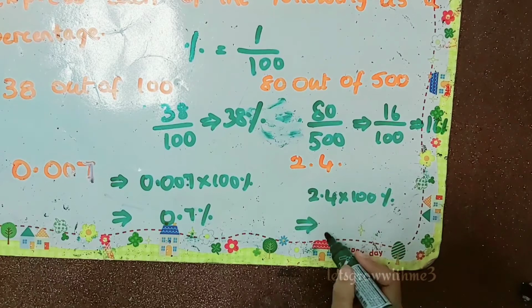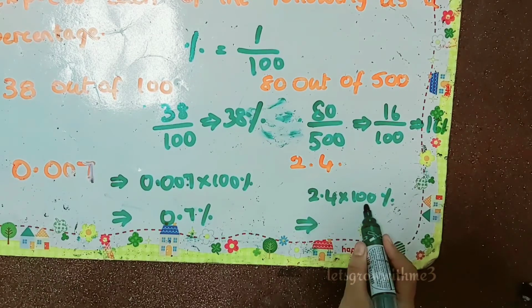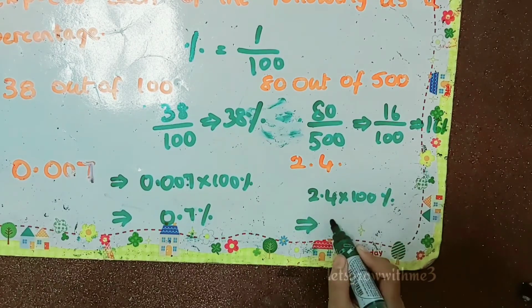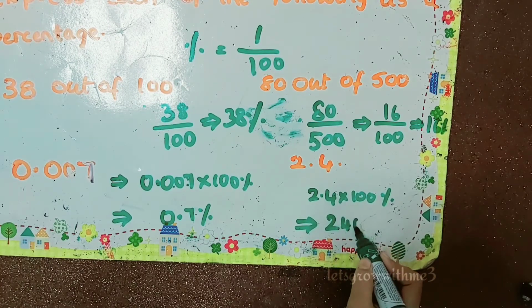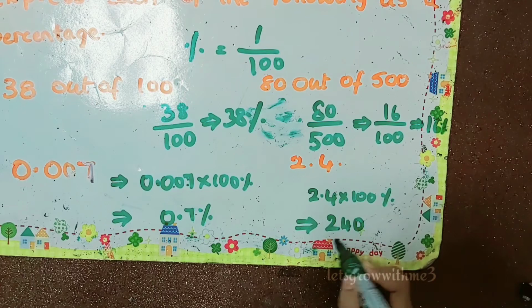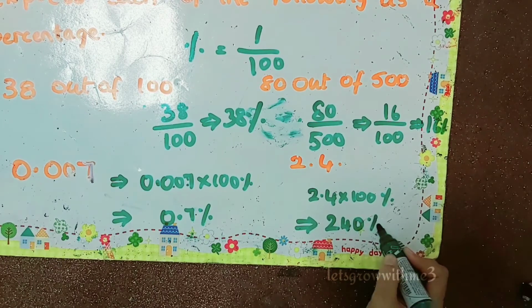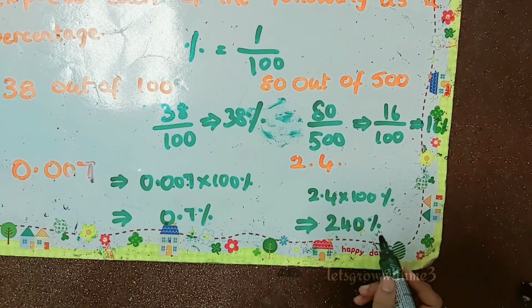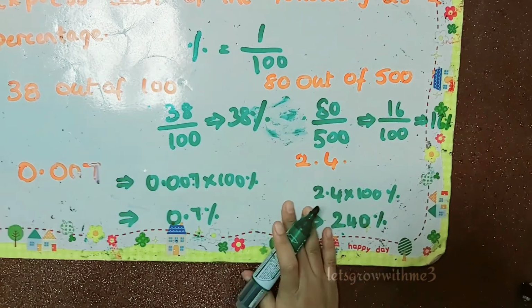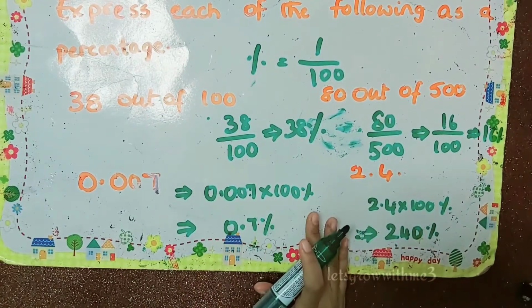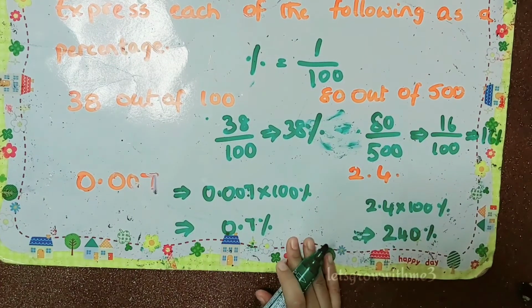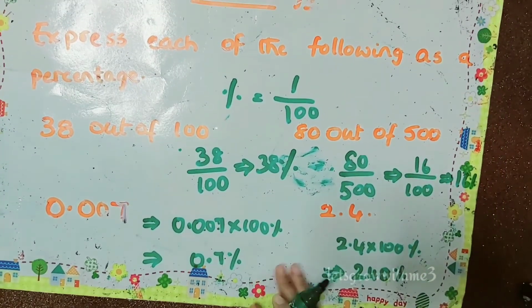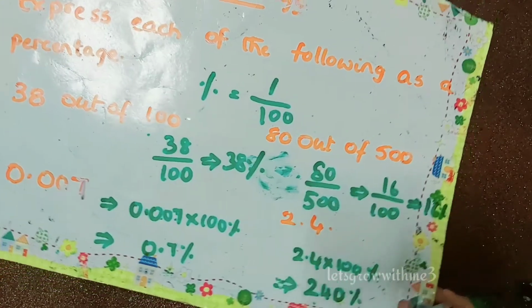Again here it's a multiplication, so the decimal point has to shift two digits to the right, which gives 240%. So that's how we can represent these values in the form of percentage. Let's see a few more problems.